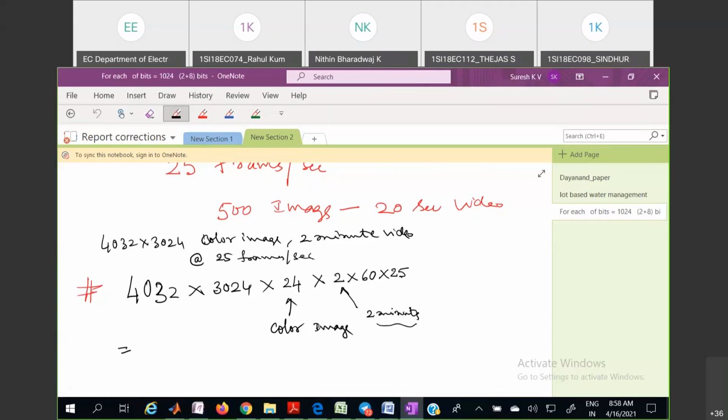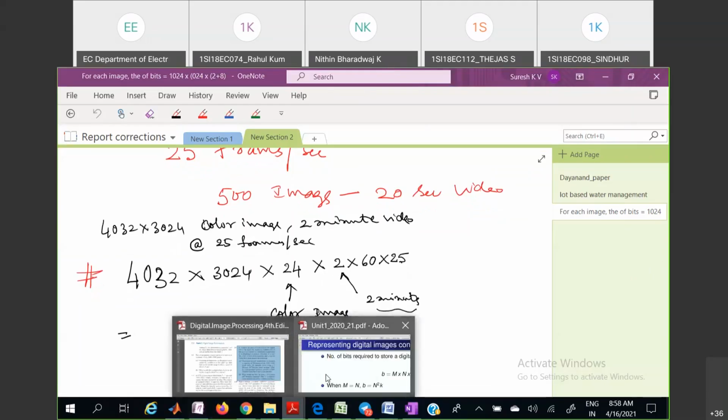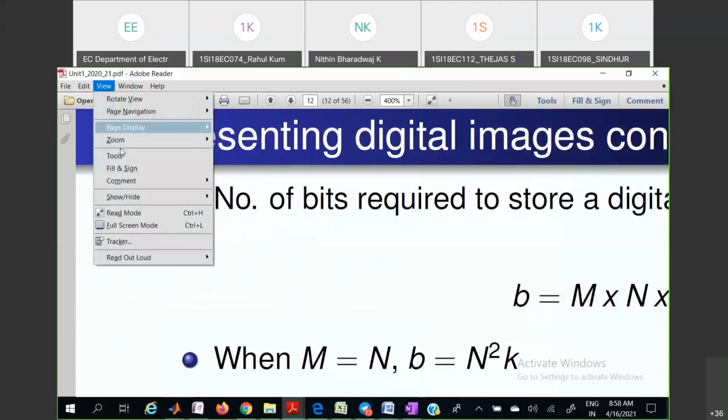So you can imagine 8.77 into 10 to the power of 11 bits just for a 2-minute video. This is the reason why when you capture color video and try to store it, it takes a lot of memory space on your hard disk. Is the calculation understood, what we are doing? Any doubt on this? I think we are about to wind up. Any doubt? Anybody?